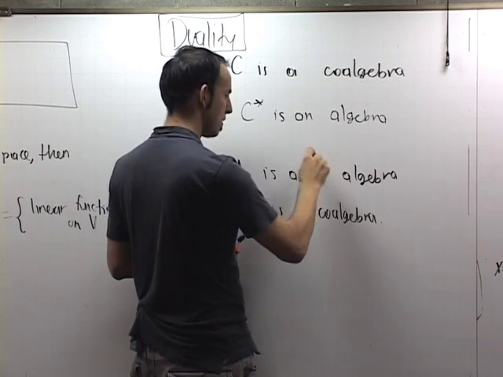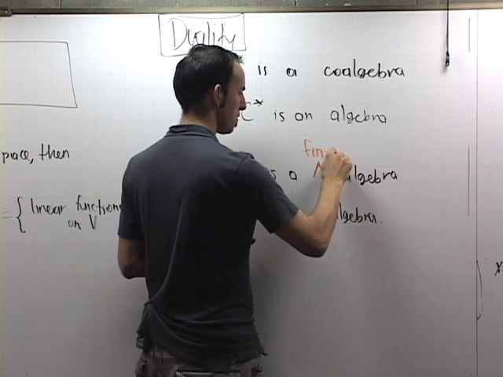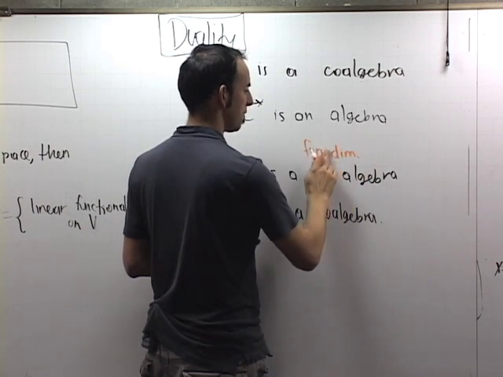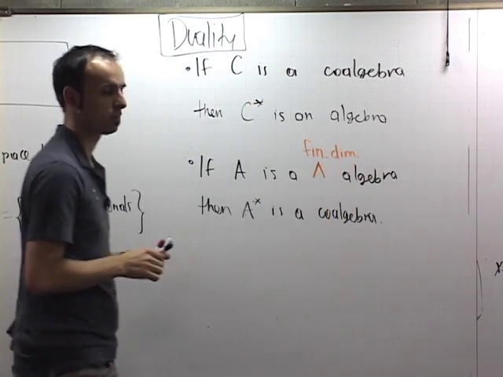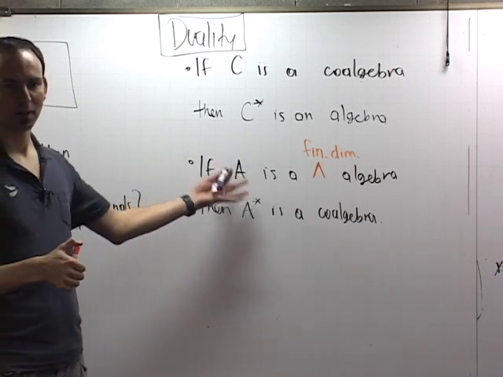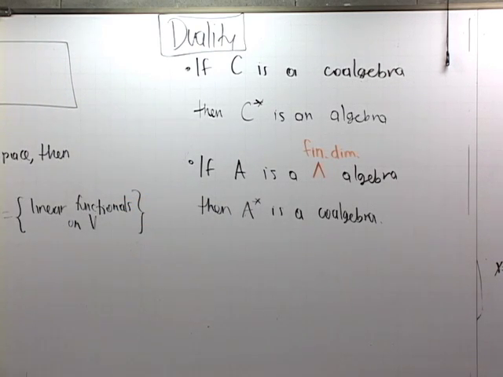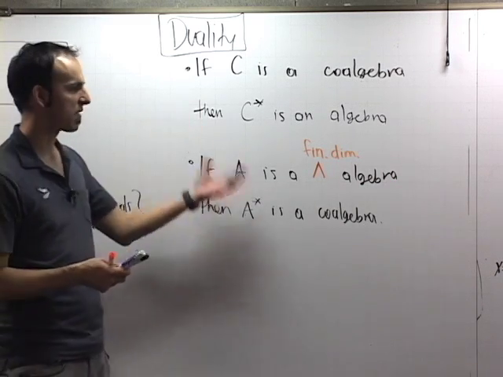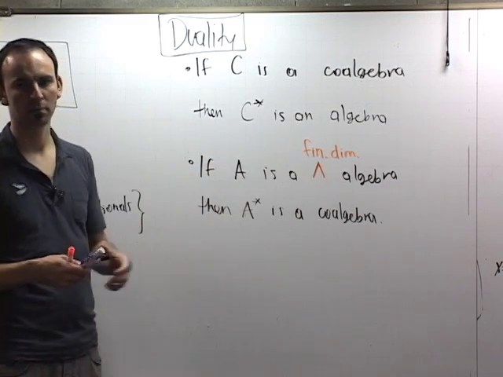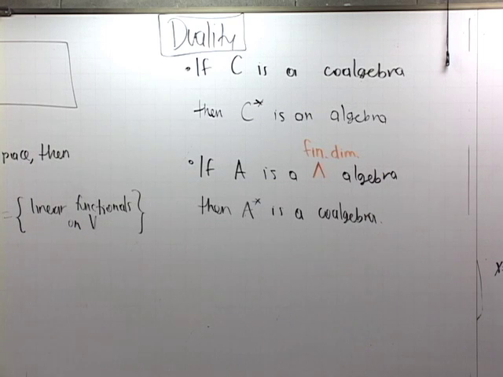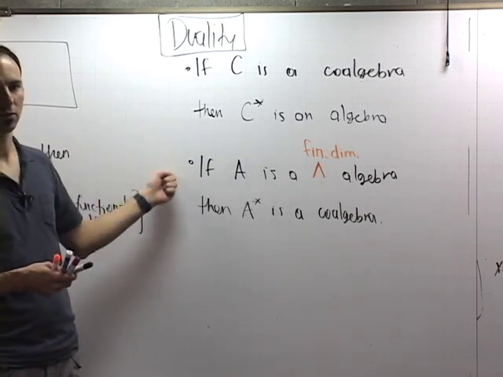But here, this is true if your algebra is finite dimensional. But somehow if you're not finite dimensional, then that result is not true. Which I find kind of intriguing. And we will see next time why this is true and what this condition of being finite dimensional is about. But this says that the similarity between algebras and coalgebras is not just aesthetic, it's not just that it looks similar. There really is a content to that duality.